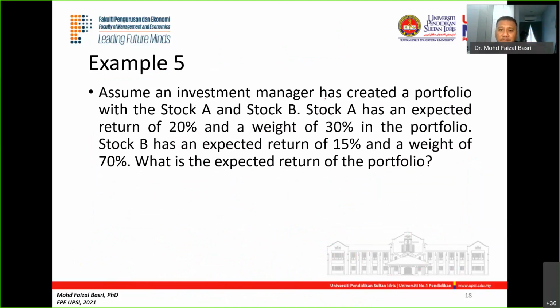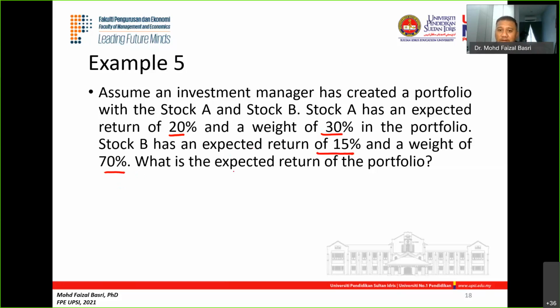Assume an investment manager created a portfolio with stock A and B. Stock A, ER is 20% with a weight of 30%, meaning from the total portfolio funds, they invest 30% in stock A. And for stock B, the ER is 15% and the weight is 70%. So again, if I have 100,000, 30,000 I put in stock A, 70,000 I put in stock B. Therefore, I have the weights of 30% and 70% respectively.